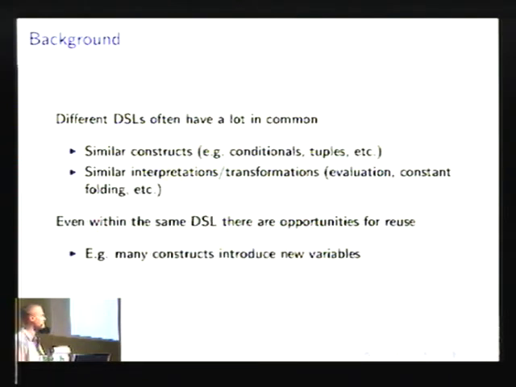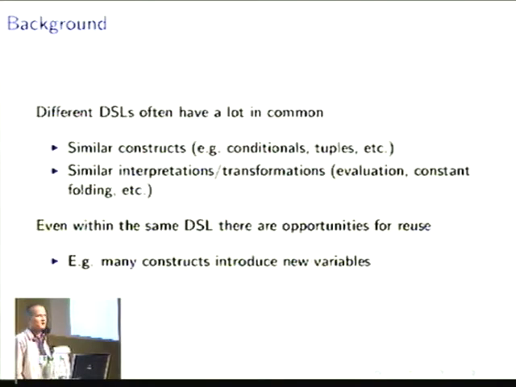If you look at different DSLs, you find that they often have a lot in common. There are similar constructs, and inside the implementation, there are also similar functions operating on the expressions. So there is really opportunity for reuse.